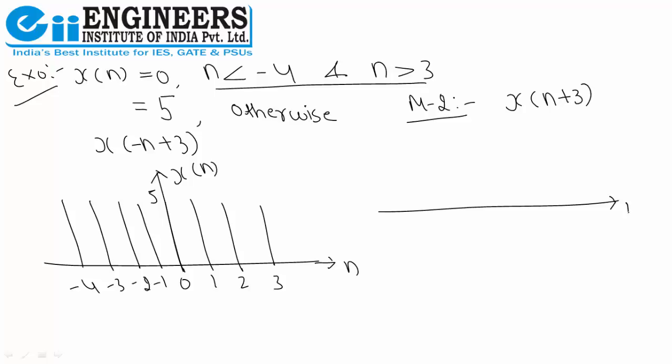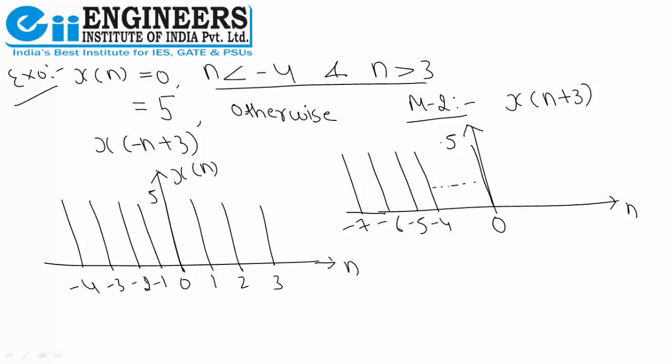What is the meaning of x[n+3]? x[n+3] means my original signal will be shifted to the left-hand side by the amount of 3. So my signal will become minus 7, minus 6, minus 5, minus 4, and up to 0. All amplitude will be 5.